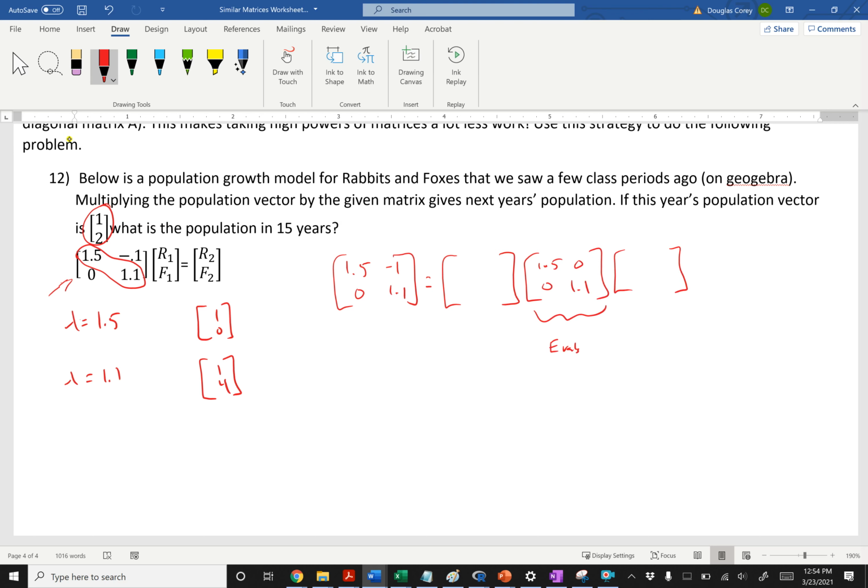And I have two linearly independent eigenvectors, so I can put them in our P matrix here. Now, why did I put the (1, 0) here and the (1, 4) there? How come I didn't switch them? It's only because I want to just match up.